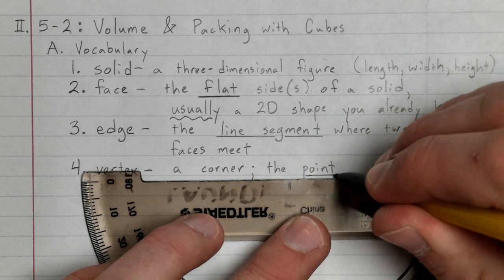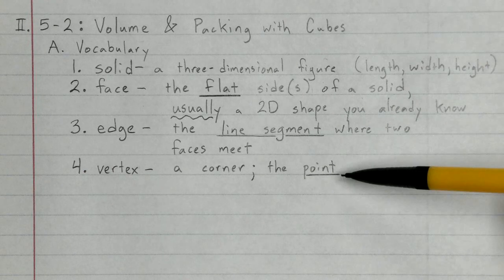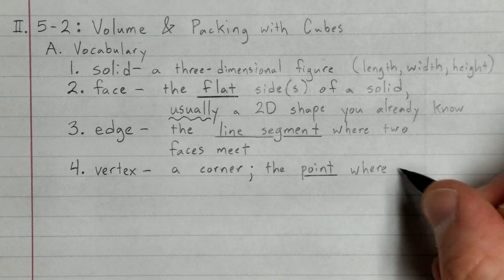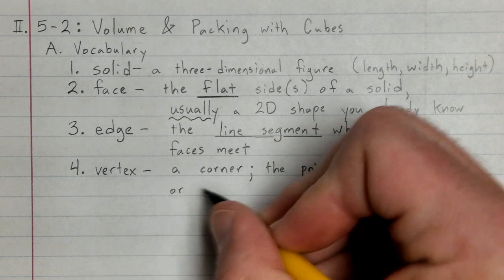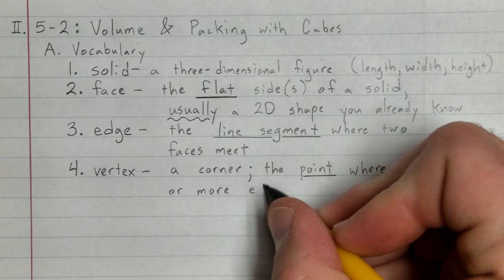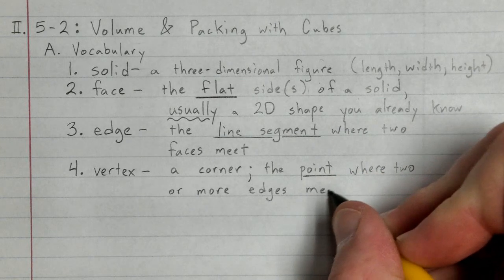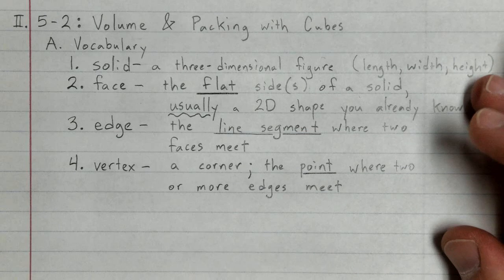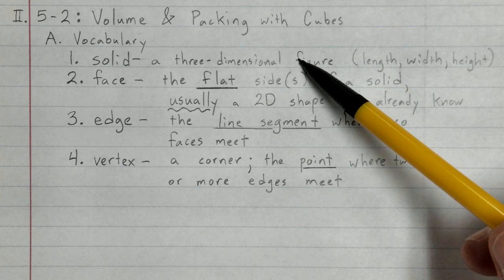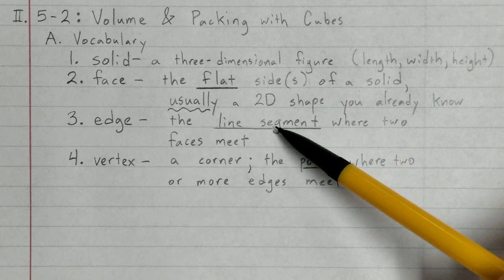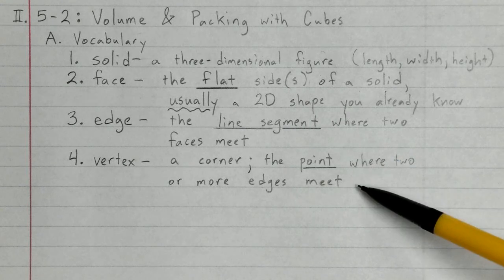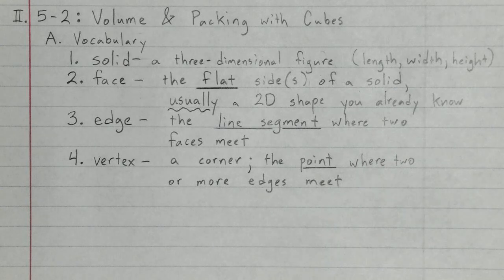Can you see how we're going back to all that stuff from yesterday? I promised you there was a point. The point where two or more edges meet. So we have our 3D figure made up of 2D shapes which meet on one-dimensional line segments, which themselves meet at a one-dimensional point, at a vertex.